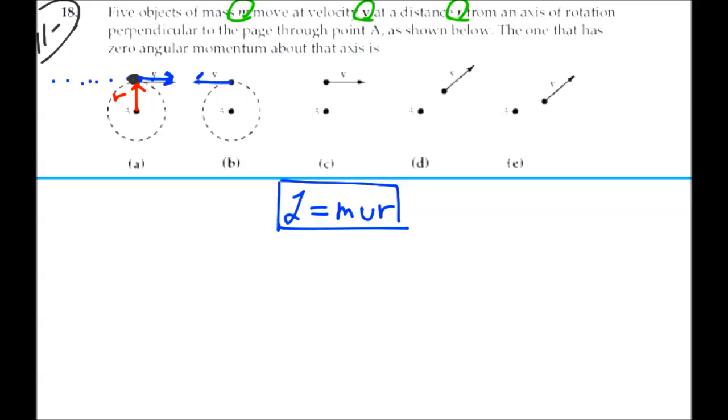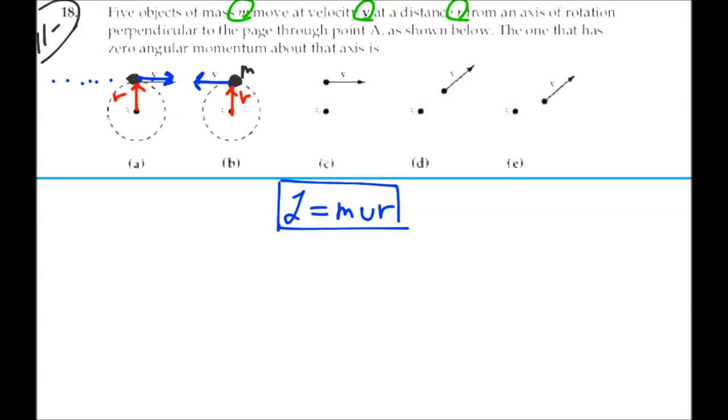Same thing with b. There will be a certain amount of angular momentum associated with this v, this mass m here, and this r to that point. One of these will be negative, this one will be positive, and part A will be a negative angular momentum, but there'll be finite value.